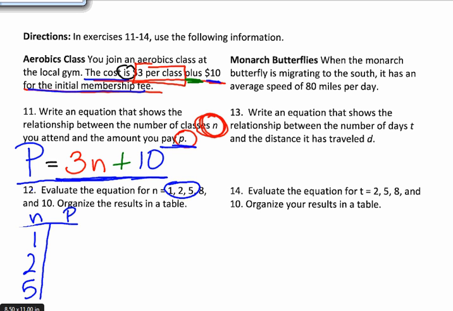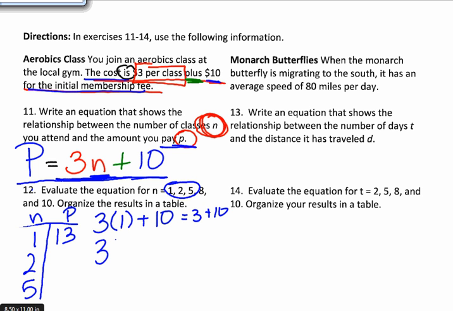Again, the same process for making the table. We're going to plug in for N each number that we have. My first one is 1. So 3 times 1 plus 10. 3 times 1 is 3, plus 10 would be 13. So I'm going to write 13 here, which is what I said originally. If I did one class, it'd cost me $13.